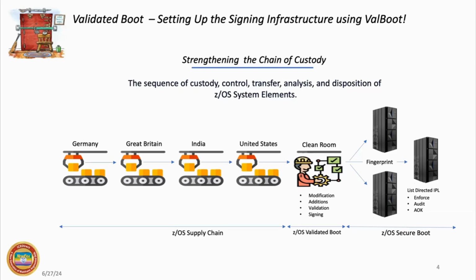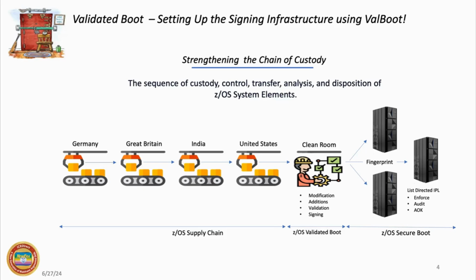So let's go over that again. Today, this is pretty much what the picture looks like. You make modifications, you make additions, you validate, hopefully with Image FOCUS, and then you pass things on for an IPL. In the secure boot world, you're going to take that extra step, create that clean room, and perform a validated boot.